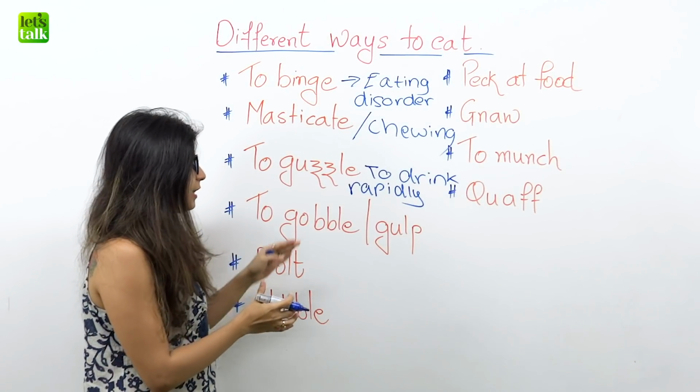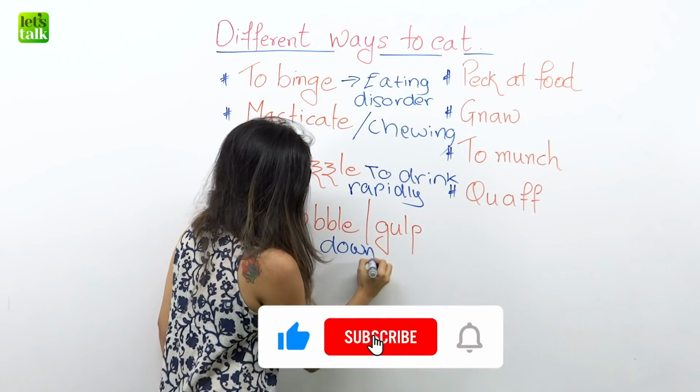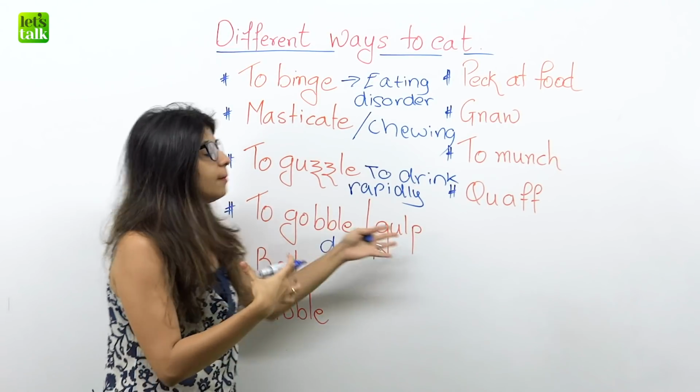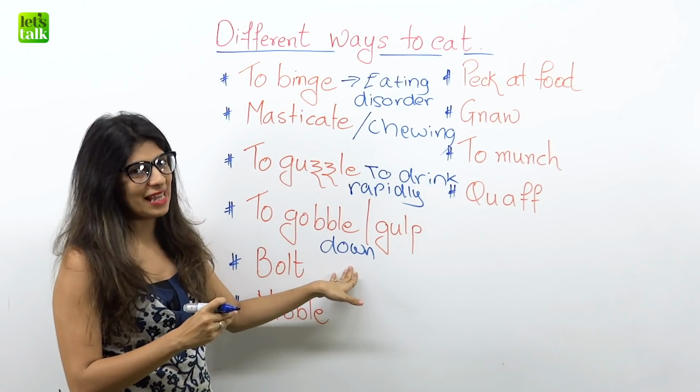So usually these verbs are used with the word down. Like, I gobbled down my breakfast. I gulped down my breakfast, okay? So this is the way you would use this.